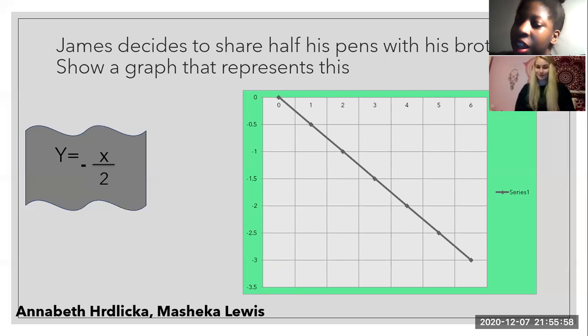So what you'll do is round down so you'll have an even number that'll be able to be divided equally, if that makes sense.